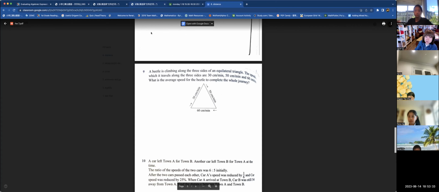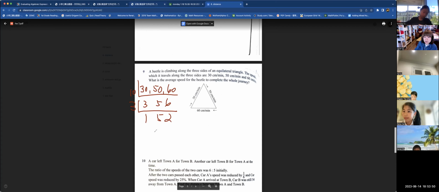This should be very simple, right? We don't know the distance of each side, but we can always find a number divisible by 30, 50, and 60 at the same time. Dividing by 10 gives 3, 5, 6, and dividing by 3 gives 1, 5, 2. So I think the best one is 300.